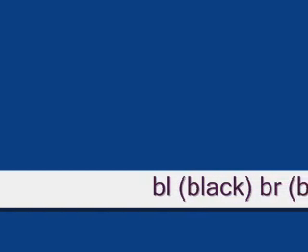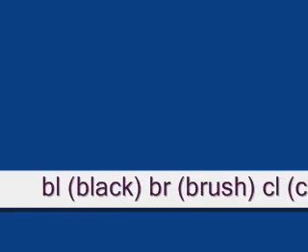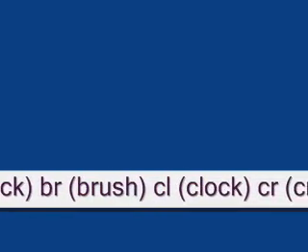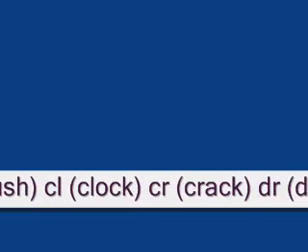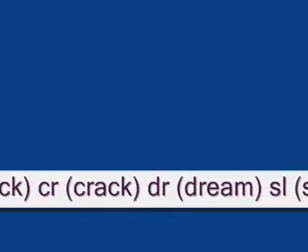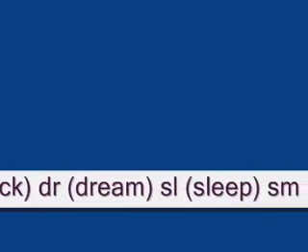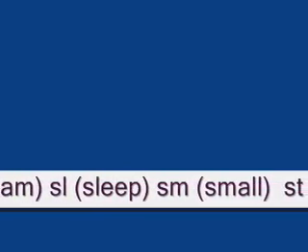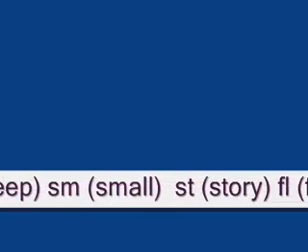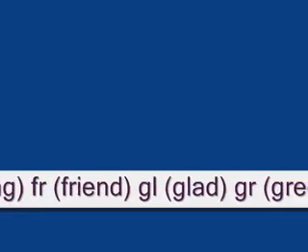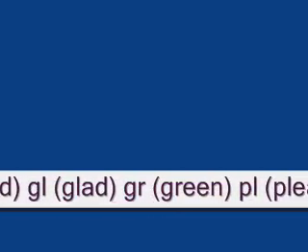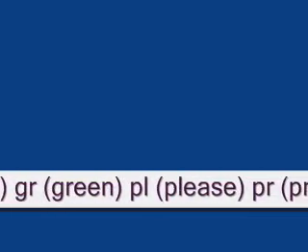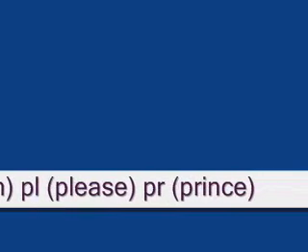BL is bl, BR is br, CL is cl, CR is cr, DR is dr, SL is sl, SM is sm, ST is st, FL is fl, FR is fr, GL is gl, GR is gr, PL is pl, PR is pr.